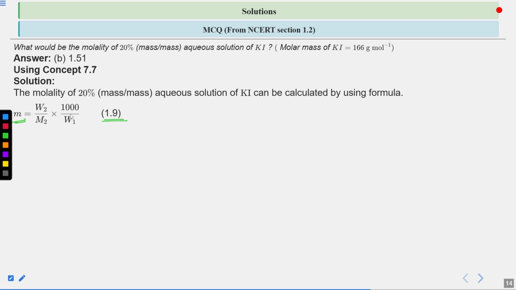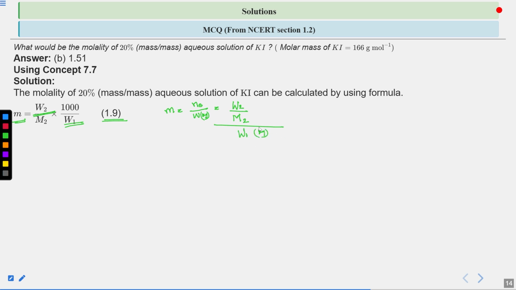This is just simply the derivation: molality is defined as the number of moles of solute upon the weight of solvent in kg. Right? So the number of moles of solute you can write as given mass upon molar mass. Let's suppose the given mass is W2, we are representing W2 for the solute and W1 for the solvent. So W2 divided by its molar mass, that is M2, and divided by the weight of the solvent, that is W1 in kgs.